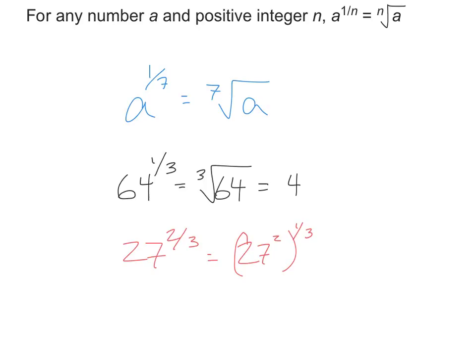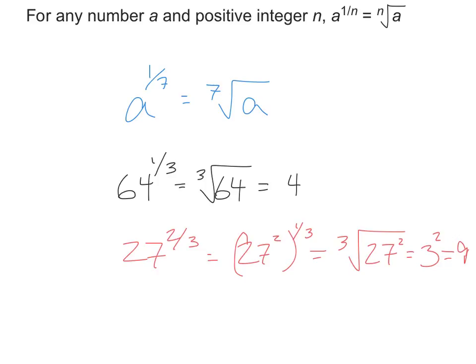I wrote it as a power to a power, and I know that I could take 2 times 1/3 to get 2/3. So we can convert that to be the cube root of 27 squared. And if we did the cube root of 27, we're just going to come up with 3. We haven't used the square yet, so it's still squared, which results in 9.